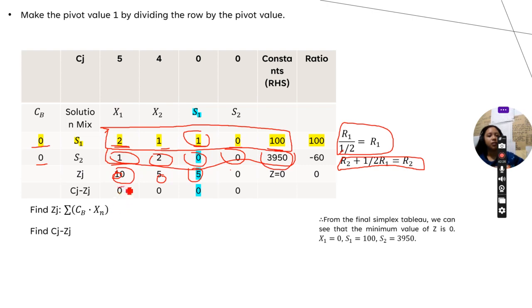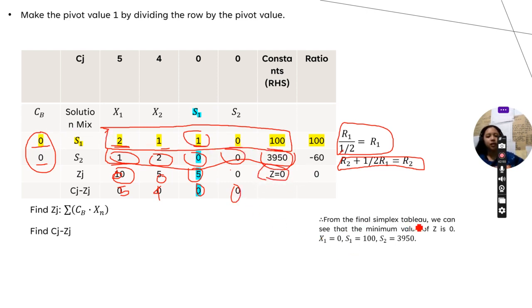And 0, 5. To get the CJ minus ZJ, 5 minus 0 is 5. Then 4 minus 0 is 4. Then 0 minus 0 is 0 already. And then since it is 0 here in our CB, our Z is 0.